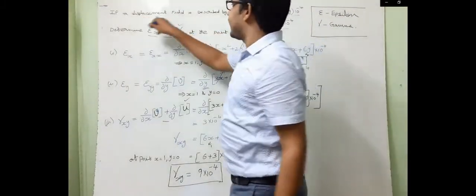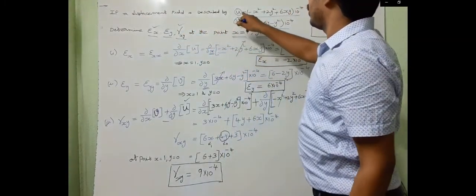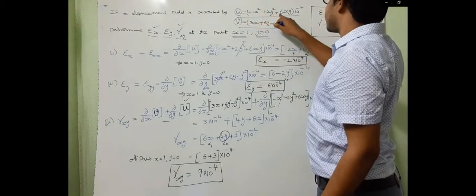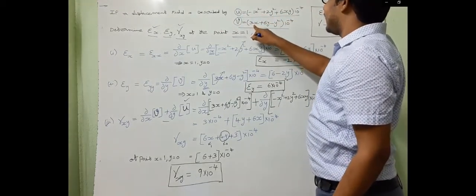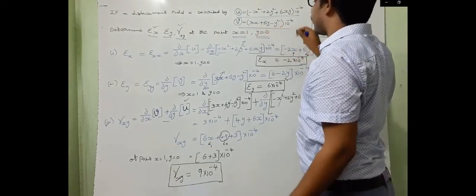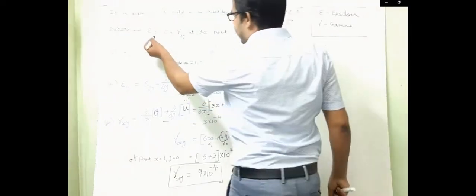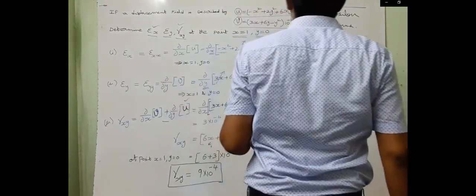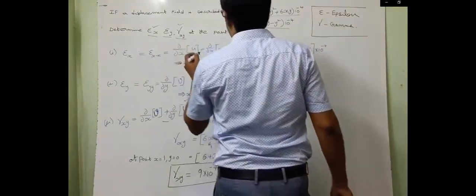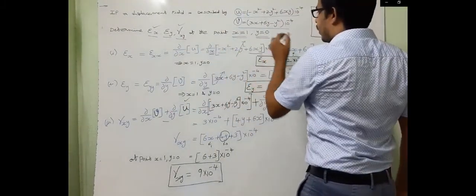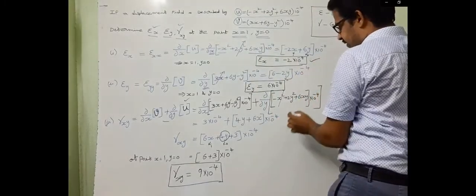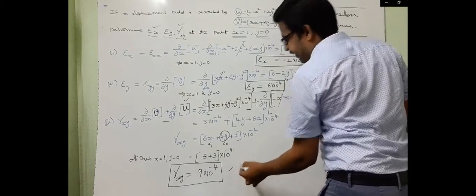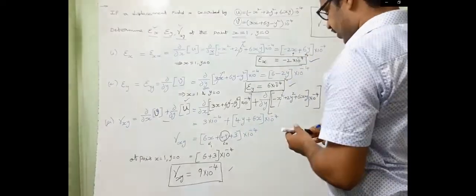If a displacement field is described by u equal to minus x square plus 2y square plus 6xy into 10 power minus 4, v equal to 3x plus 6y minus y square into 10 power minus 4. Determine the epsilon x, epsilon y and gamma xy at the point x equal to 1 and y equal to 0. So here these are the three final values.